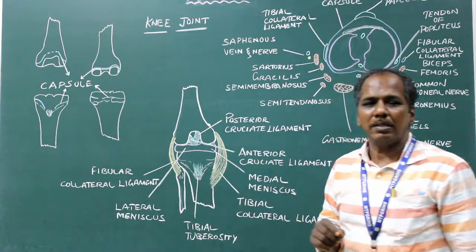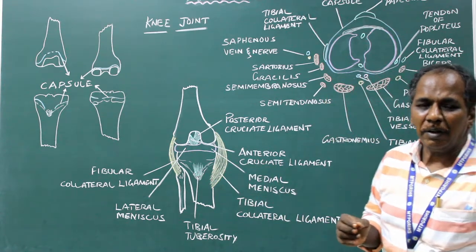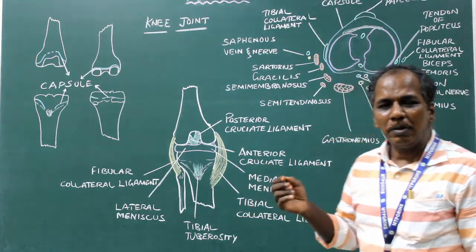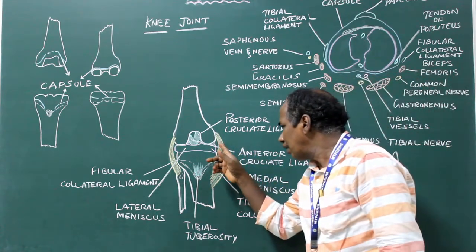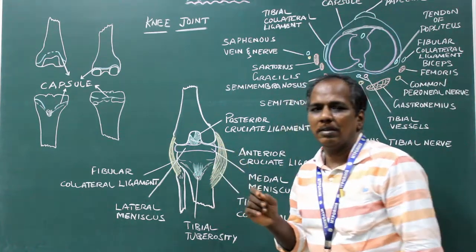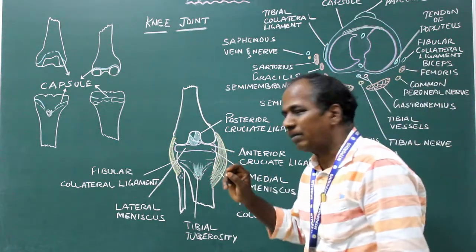The medial meniscus is often injured due to its attachment to the tibial collateral ligament. So it is attached to the inner aspect of the tibial collateral ligament.